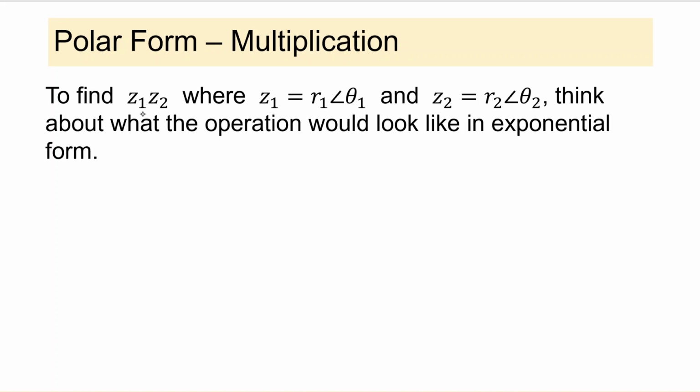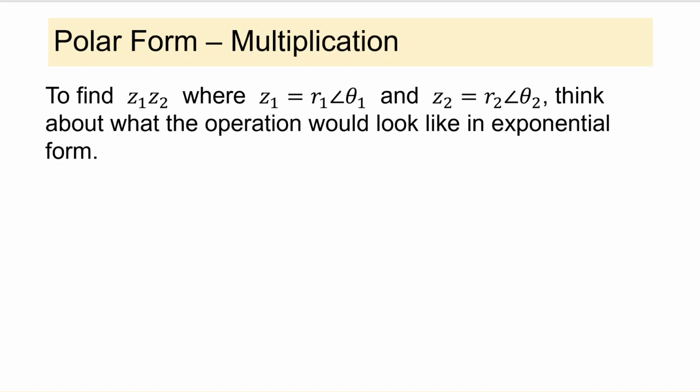So if I want to find Z1 times Z2, where I've got Z1 and Z2 in polar form, let's think about what's going to happen here. Let's think about what the operation would look like if we used exponential form instead of polar form, because they're basically the same, just slightly different notation.